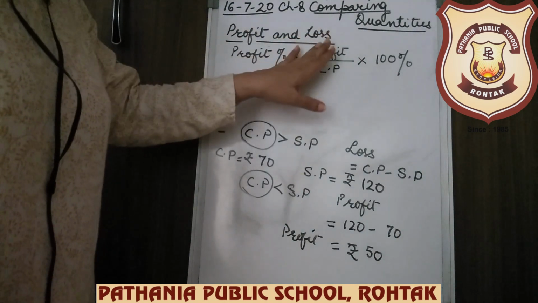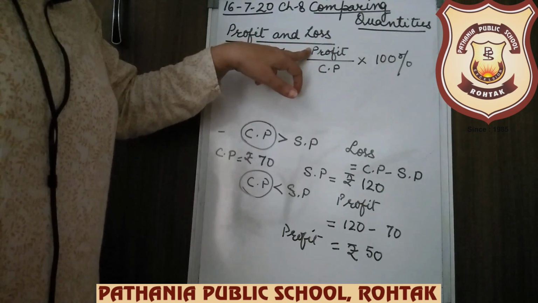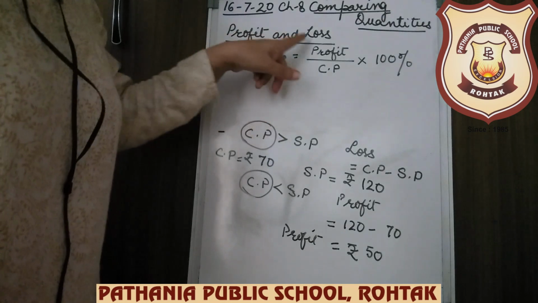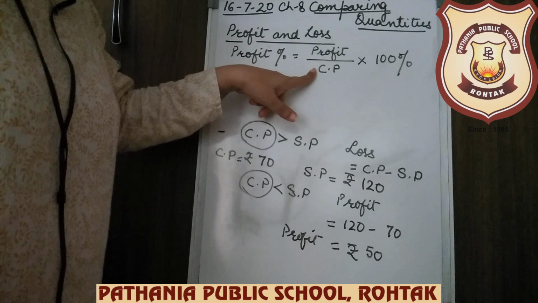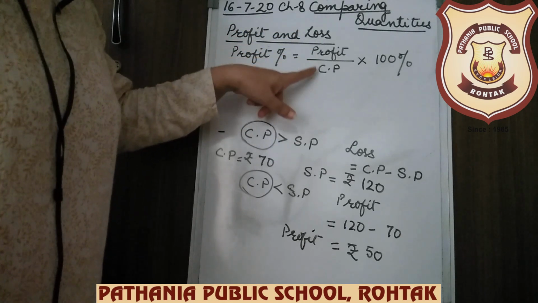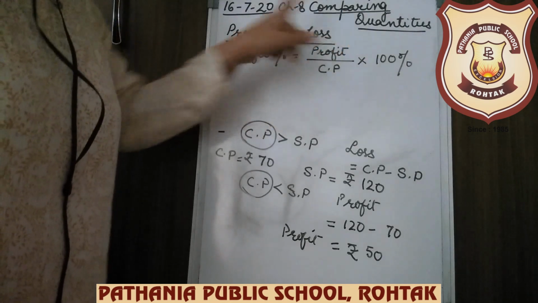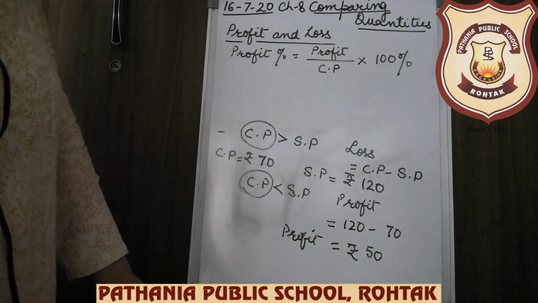So the formula is same. For increase we are writing the profit, for decrease we are writing the loss, and for original we are writing CP. In both the cases, increase or decrease, there was original. For original we are writing CP here, and 100% as we have to convert this into percentage.